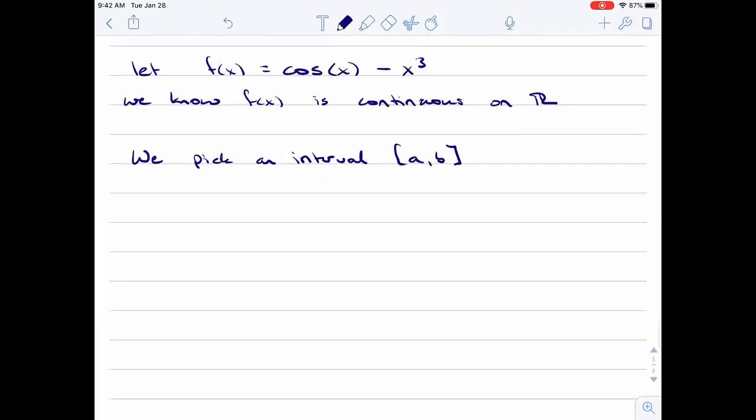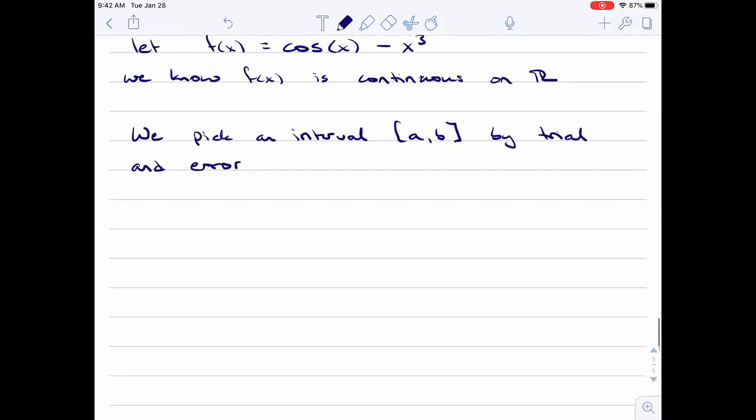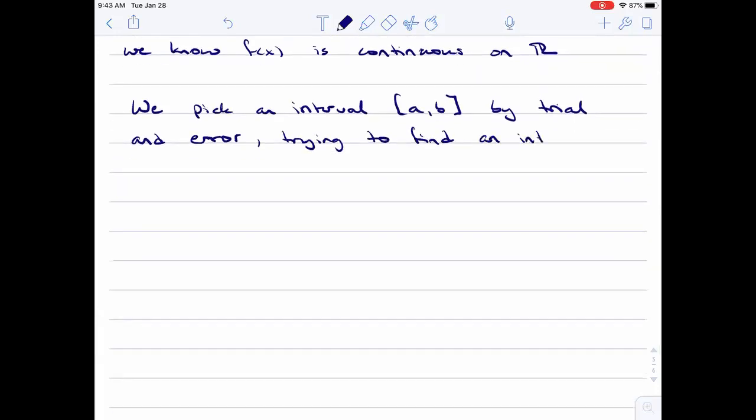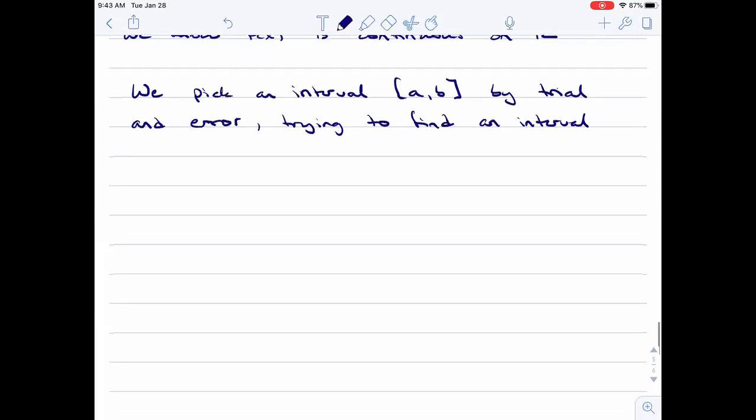And so we pick an interval a, b by trial and error, trying to find an interval where f of a and f of b are on opposite sides of 0, right?